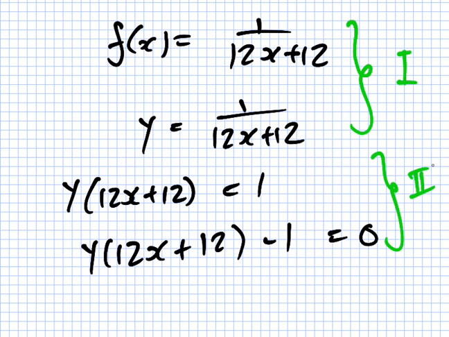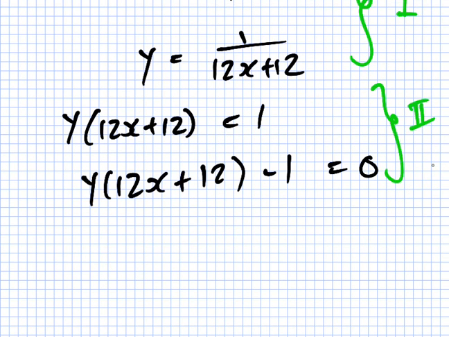Now step 3, what's that? Pretend y is a number. So ask yourself, if y was a number, what would I do next? Like if y was the number 5, what would you do next? You'd multiply it in, wouldn't you? If that was just a number in the front, you'd multiply it in. And that's what you're going to do now. So you have 12yx plus 12y minus 1 equals 0.